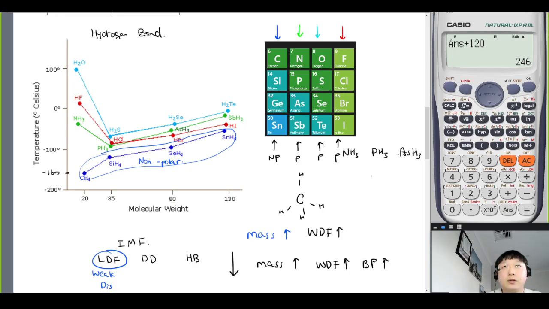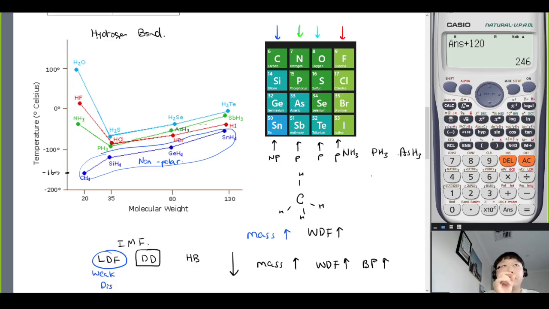So these are all polar, so that's why their boiling points are slightly above, right? But they also have London dispersion forces in them. So they not only have this dipole-dipole interaction, but between every molecule there is also weak dispersion force, right?